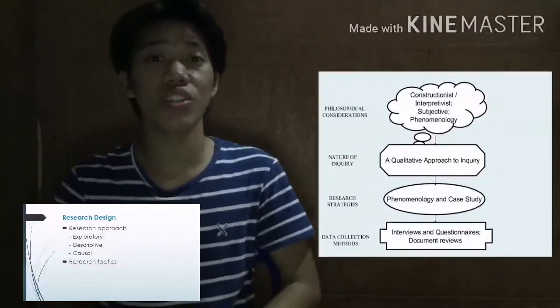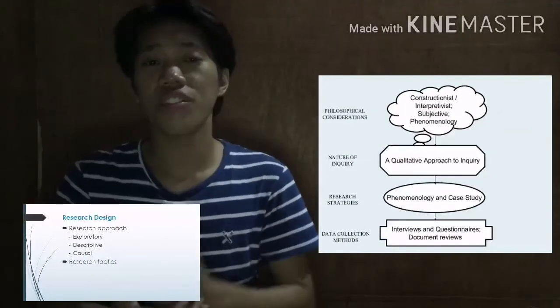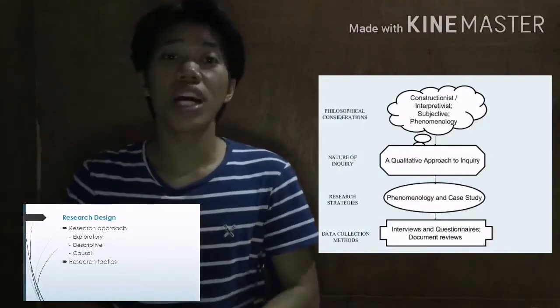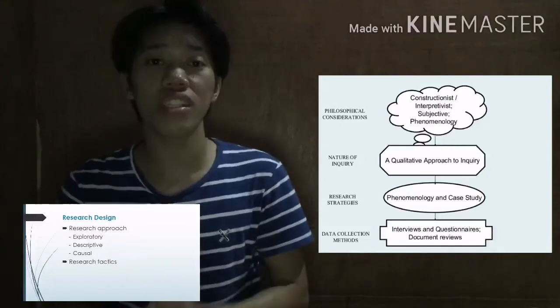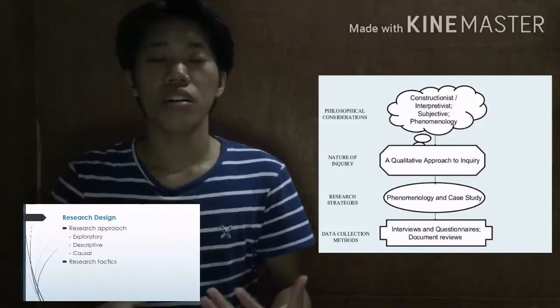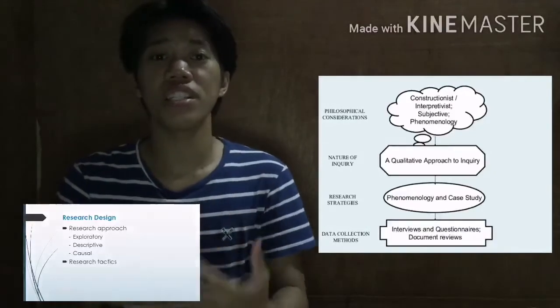Under the research approach, we have exploratory, descriptive, and causal. In this stage, it involves creation of surveys and conducting interviews in order to gather information to support the objectives and the purpose of a research design.